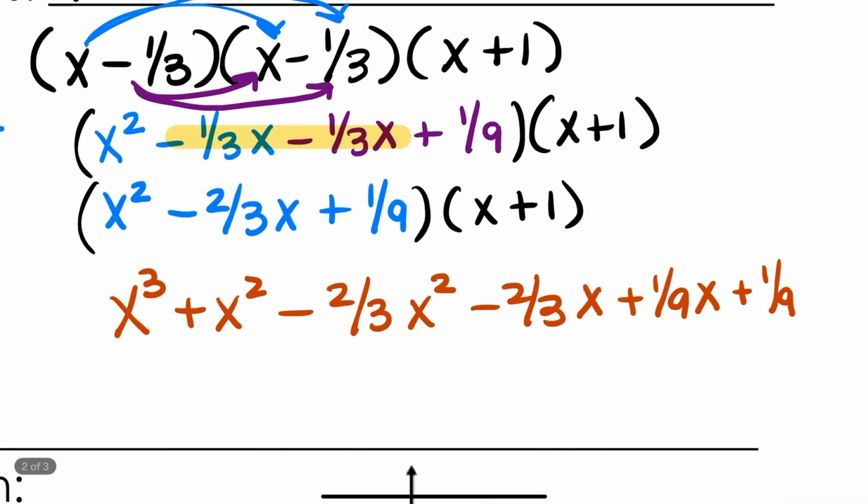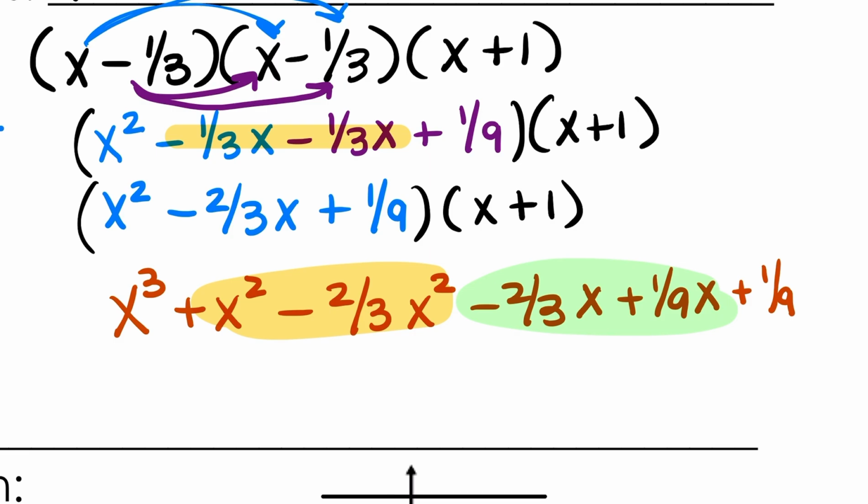We're going to go ahead and combine like terms. So first you need to identify what terms are alike. We have positive x to the second power minus 2/3. And then we also have like terms negative 2/3 x plus 1/9.